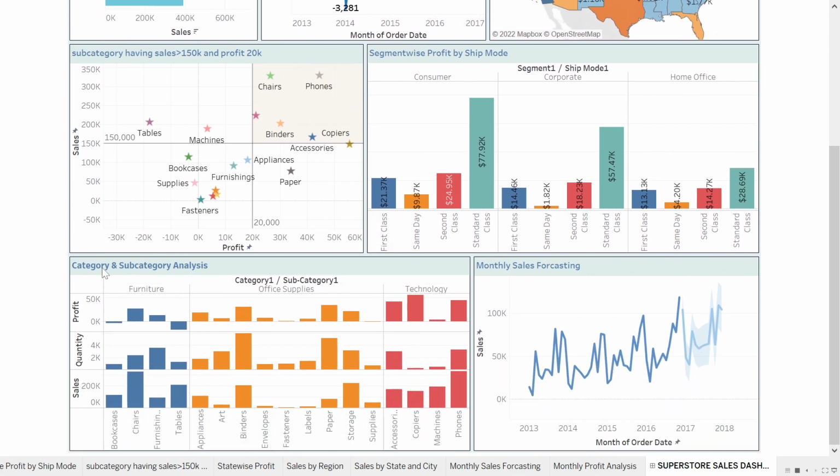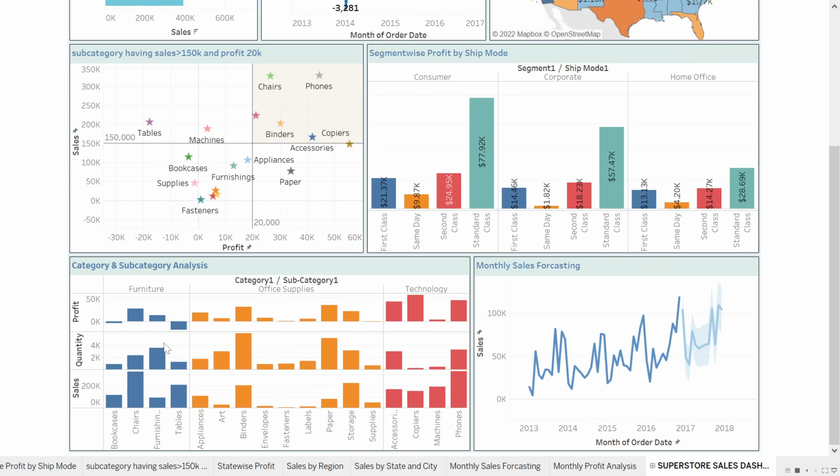And moving on to the second last graph, which is the category and subcategory analysis. This analysis is made on three factors: sales, quantity, and profit. The red bar represents the technology category, the orange bar represents office supplies, and the dark blue color represents the furniture category.